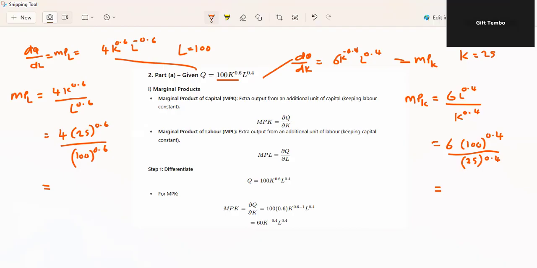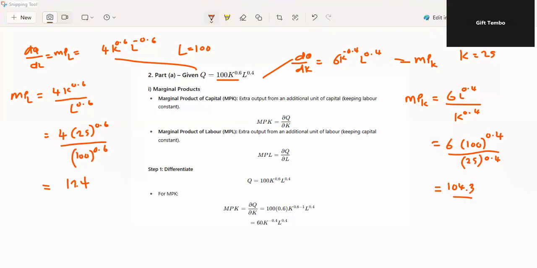So when we calculate, our MPK is giving us 104.3. And our MPL, when you calculate it, is giving us 17.4. Okay, just punch that in the calculator as it is.